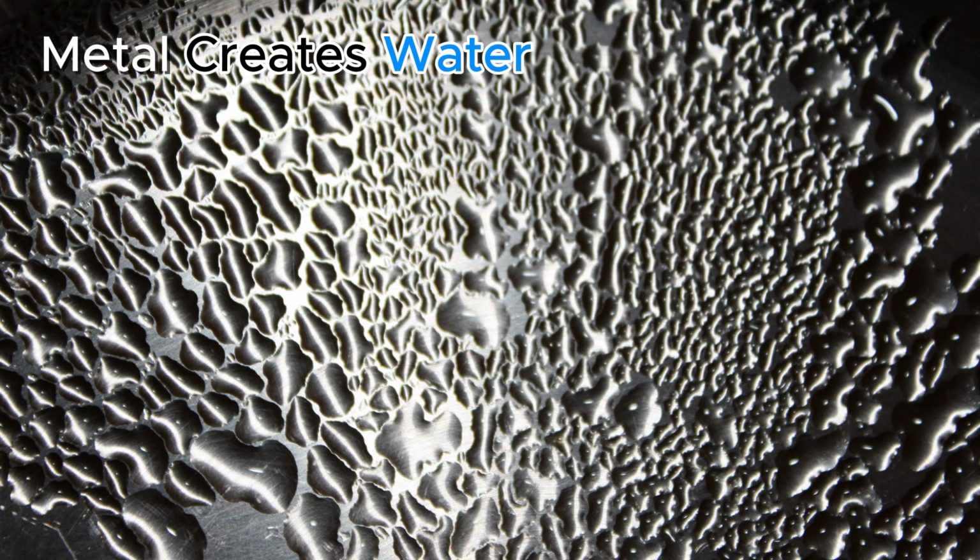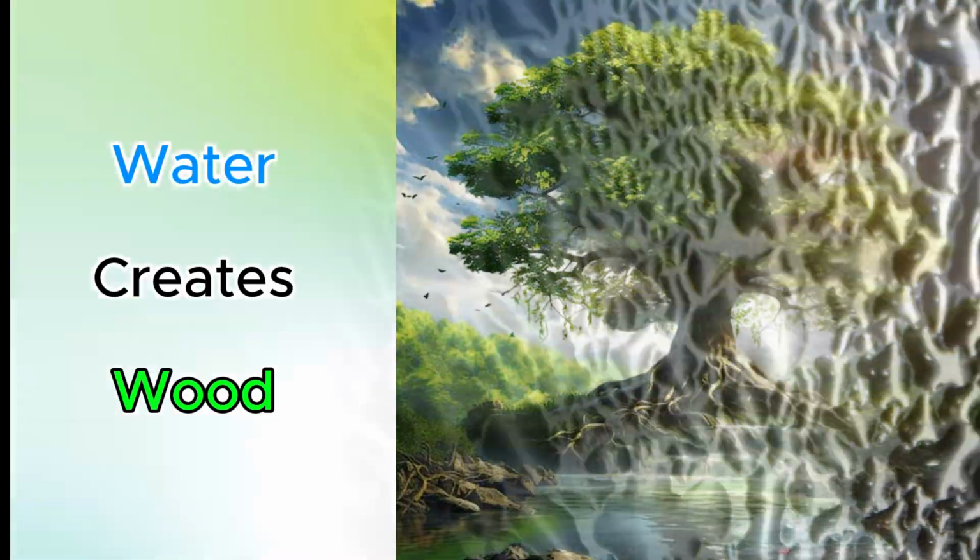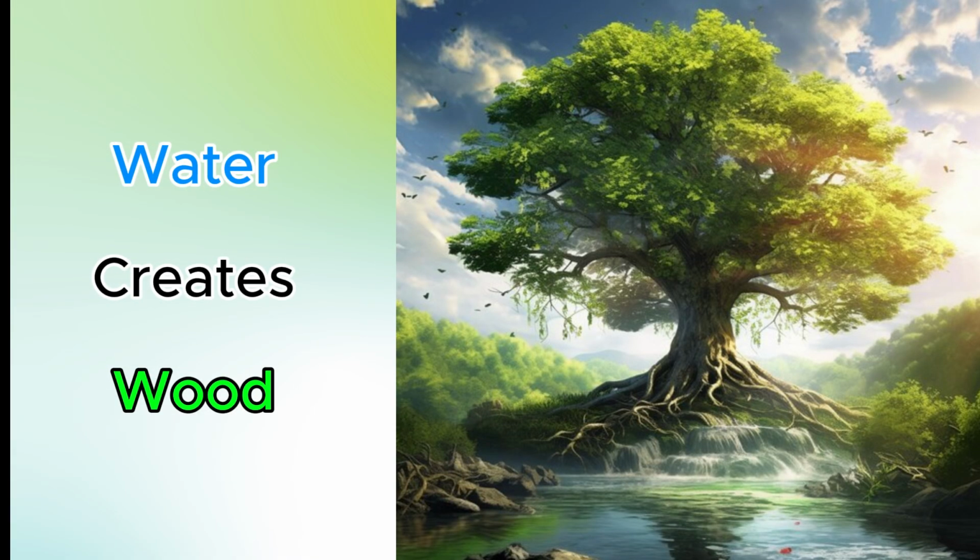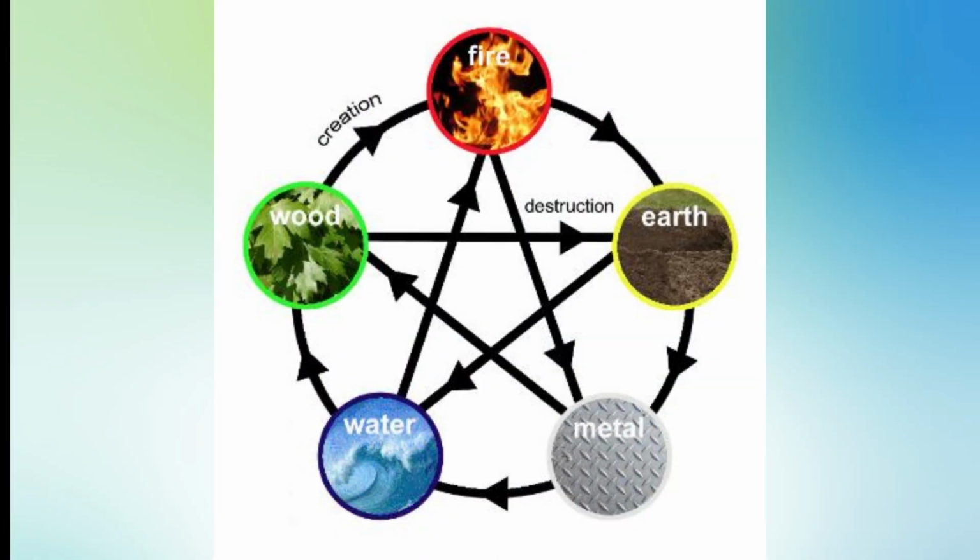Metal creates water, because metal represents concentration and contraction. When condensation reaches an extreme, it creates fluid, like water droplets forming on a cold metal surface. Water creates wood, because water nourishes life, allowing new growth and expansion to begin again. This creates an endless cycle of transformation.